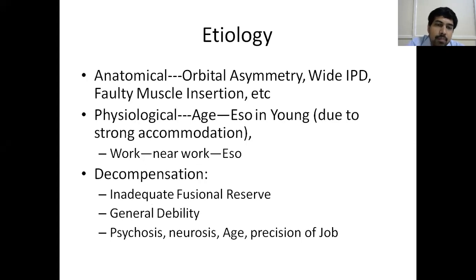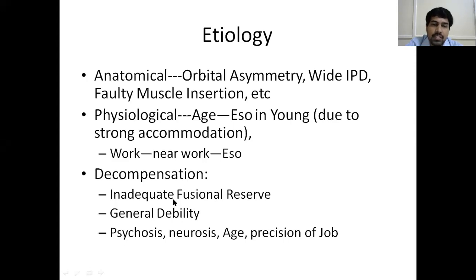And similarly, decompensation. Suppose the child gets fever. I told you heterophoria can be diagnosed only if you do some tests. Sometimes if the person has some fever, or some psychiatric problem, or an inadequate fusional reserve, suppose the brain is unable to fuse both the images, for example the rabbit example I told you.